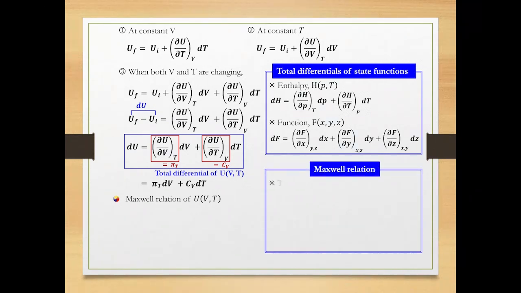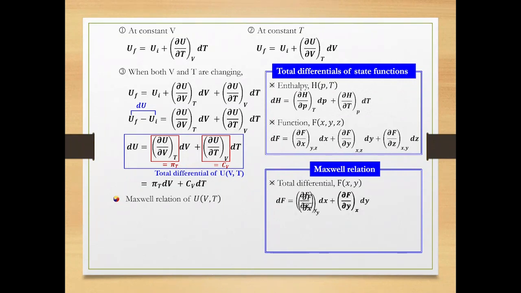Let me use a function f that has two independent variables, x and y. First, pause the video and write the total differential of function f. It is df equals the partial derivative of f with respect to x at constant y times dx plus the partial derivative of f with respect to y at constant x times dy.